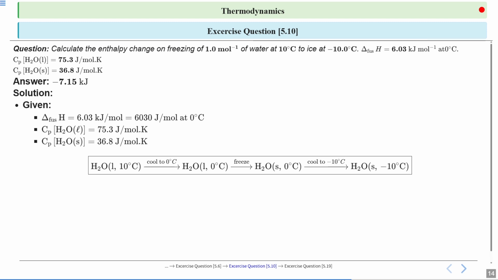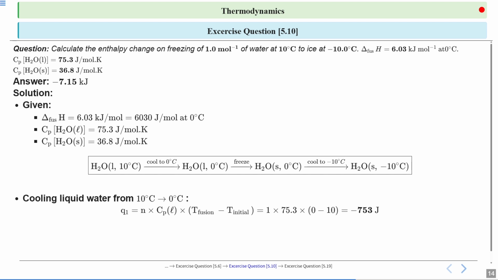Let us begin with the first part. The first is what? Starting from the liquid water, you have to start from 10 degrees Celsius and bring it to 0 degrees Celsius. Then for this case, you can easily calculate your enthalpy change. Now we calculate this enthalpy change in terms of heat, because in this kind of process, we always keep the pressure constant.